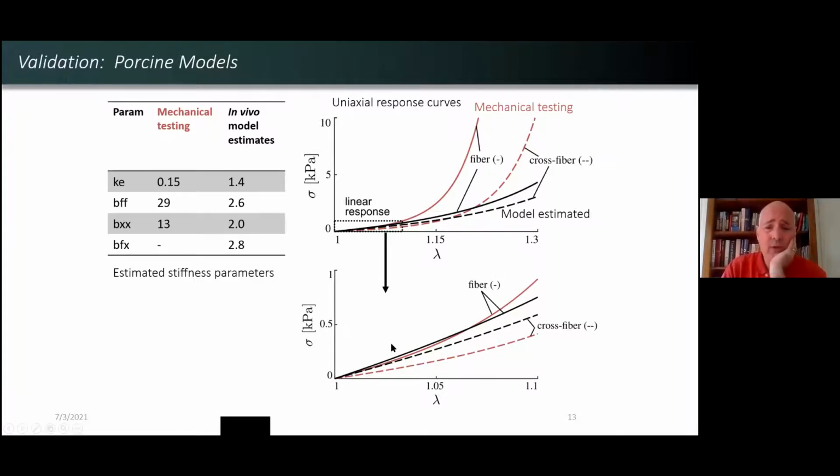However, if you look at them in what's probably more of a physiologic range, which is about a 10% strain in diastole, you see that actually the fiber and cross fiber curves predicted by these very different sets of parameters are actually quite similar.